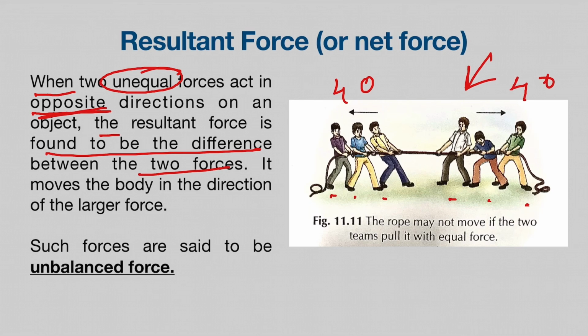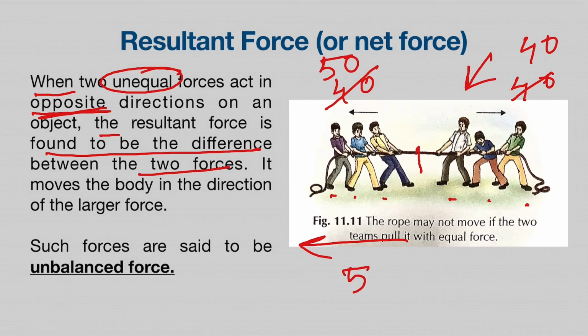If they have equal strength, then they will cancel each other out, and the rope will not change its position. But in case this side has bigger force and this side has smaller force, then obviously this side will win. Why? Because common sense, obviously, but to show you mathematically, it will be like this.